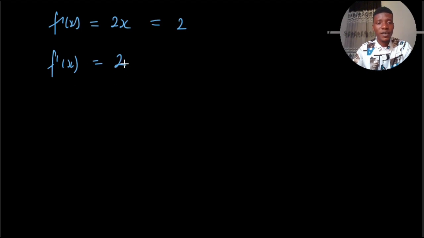That's f prime of x equals 2. So since the two are the same, you get 2 here, you also have 2 here. So it is differentiable. So in conclusion, we can say that f of x is differentiable.